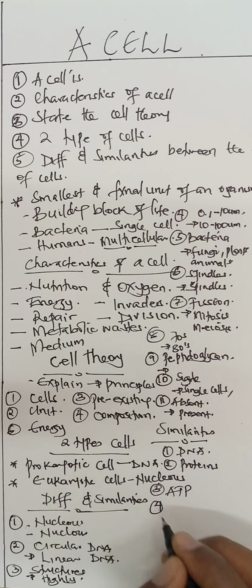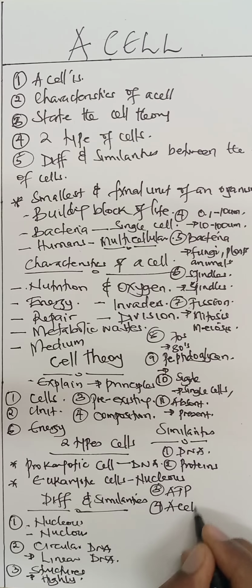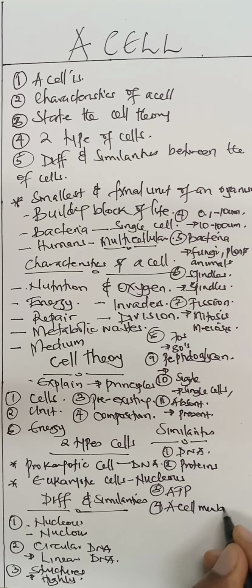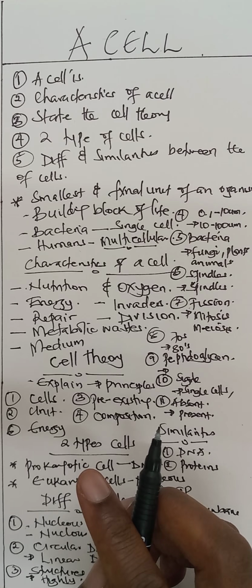Number 4, both are enclosed by a cell membrane, composed of proteins and a double lipid layer that controls the flow of materials into and out of the cell.